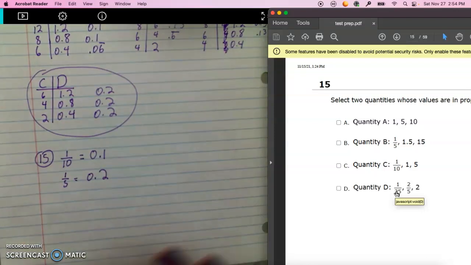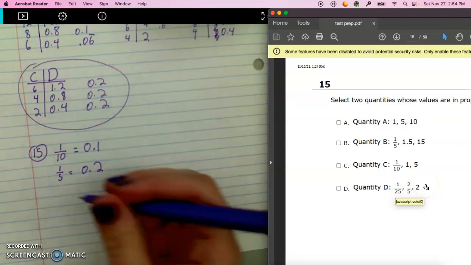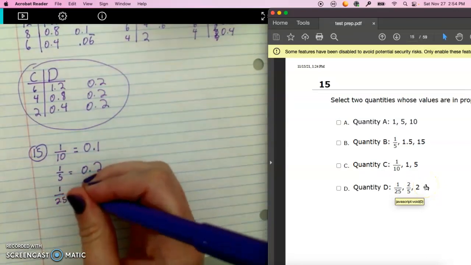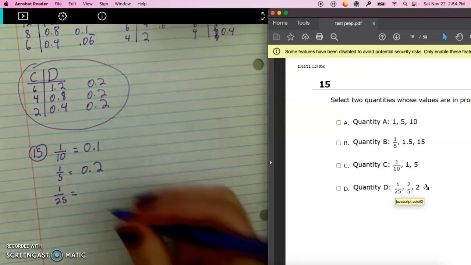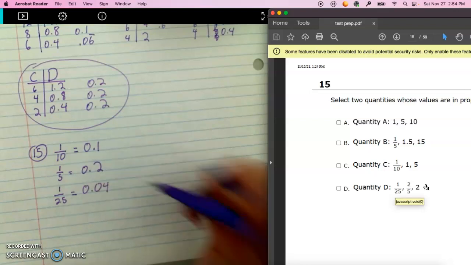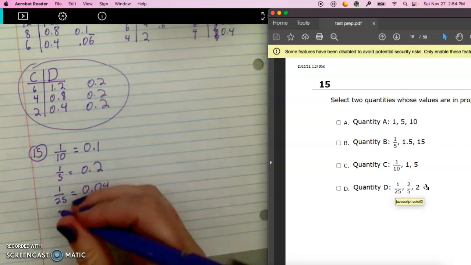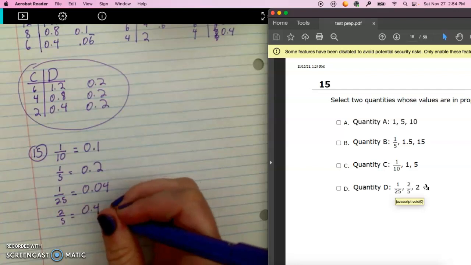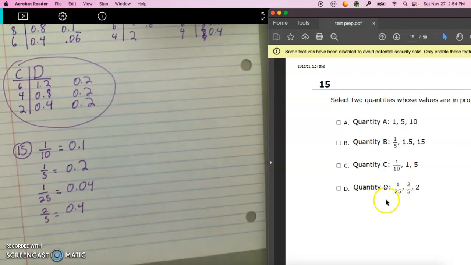Because I don't want to work with these fractions, I'm going to convert them into decimals so that I can get the right answers and everything goes into my calculator nicely. 1 over 25 is 0.04, and 2/5 is 0.4. Oh, thank heavens. Now I don't have to be using those fractions.